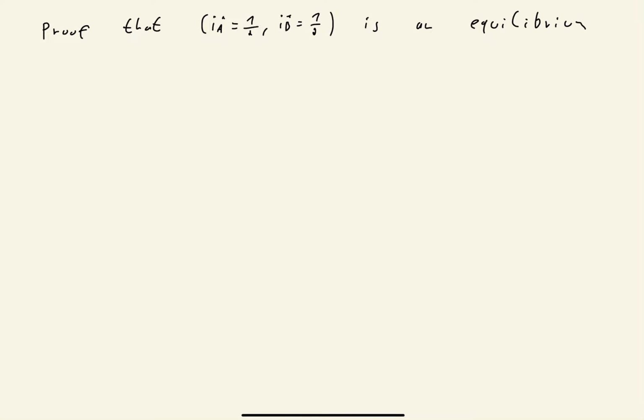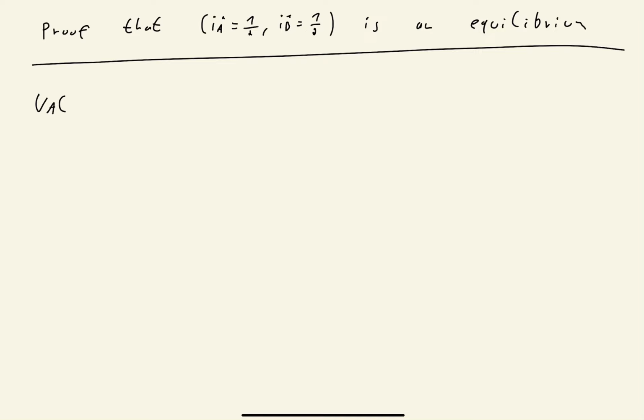So first, what is the utility if this is indeed the case? For the candidates, what is the utility of candidate A if IA star is equal to 1/2 and IB star is equal to 1/2?